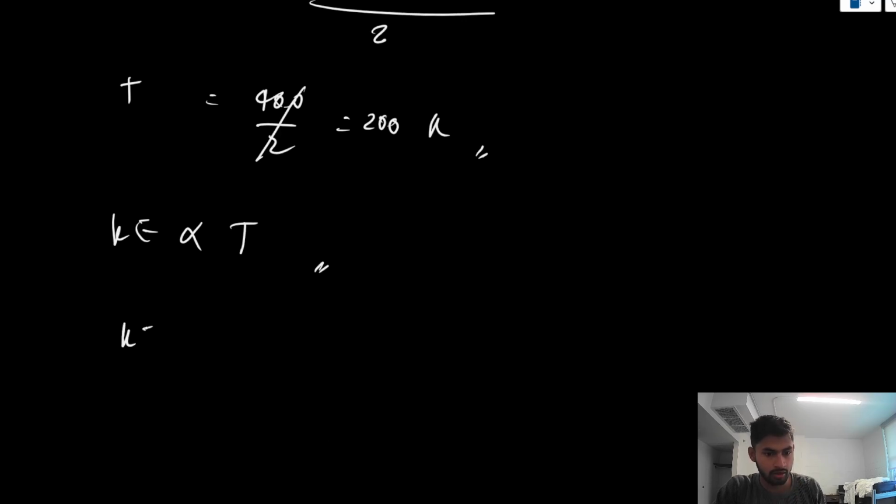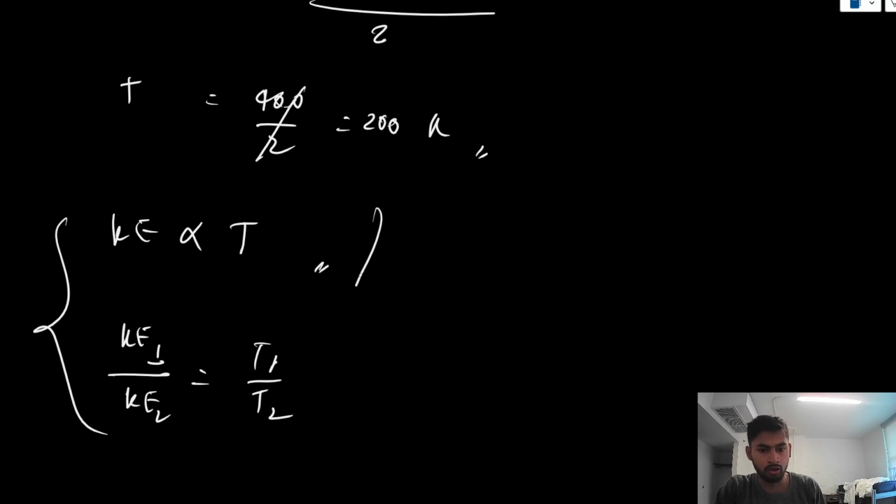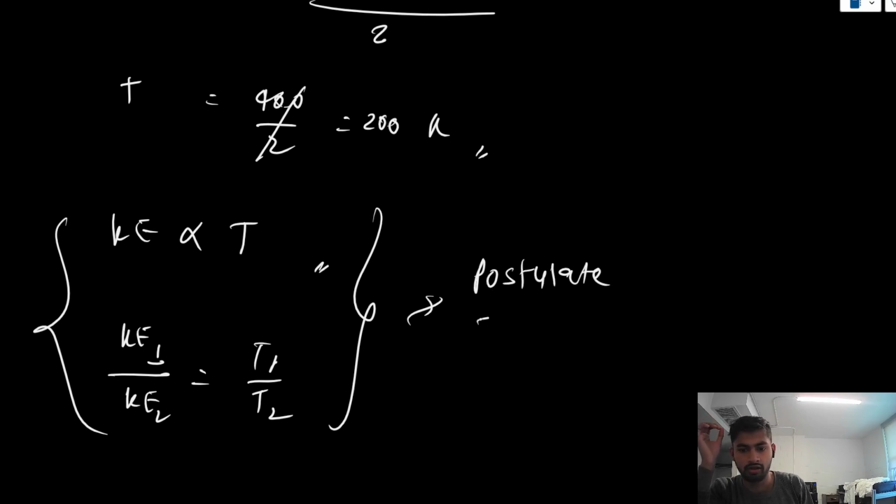So kinetic energy 1 by kinetic energy 2 would be T1 by T2. It's because of the postulate that we had earlier in the postulates of kinetic energy.